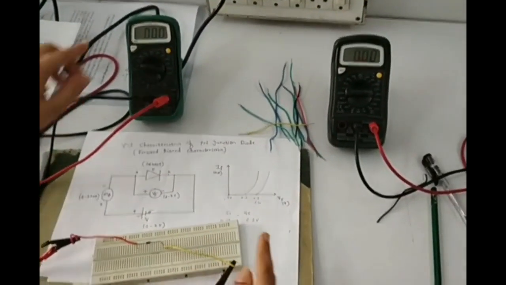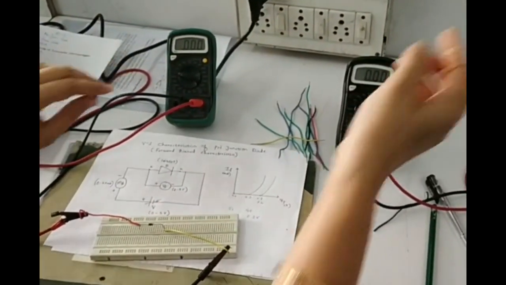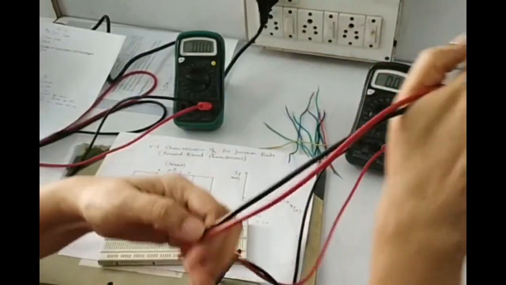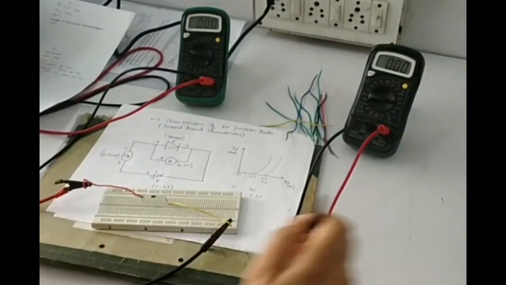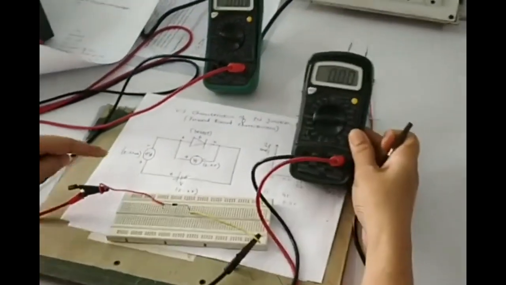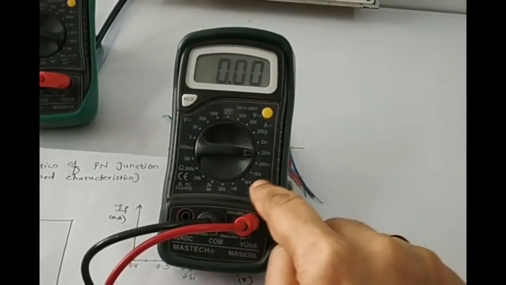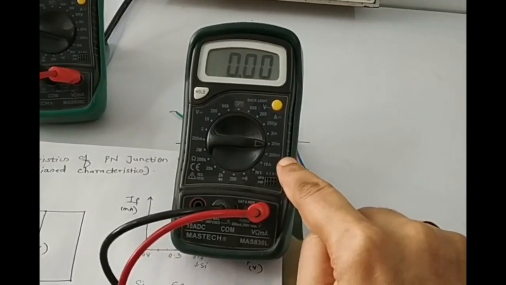Okay, so next we are going to use the digital multimeter, or DMM, as a current meter, that is milliammeter. Again, this right hand side is the milliampere portion, and we are going to select this milliampere range of 0 to 20.